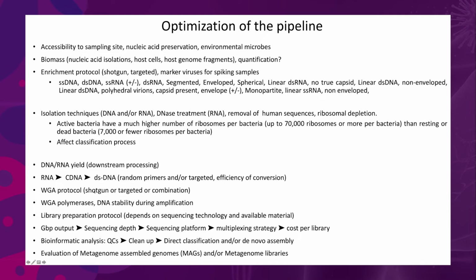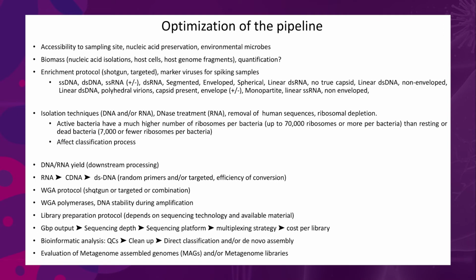The whole genome amplification protocol is affected by whether we're going to do shotgun or targeted metagenomics, or a combination of those in some cases of viral discovery. The type of the whole genome amplification polymerases is extremely important because we need to take into account the coverage of the targeted genomes and the stability of the DNA during the amplification process.